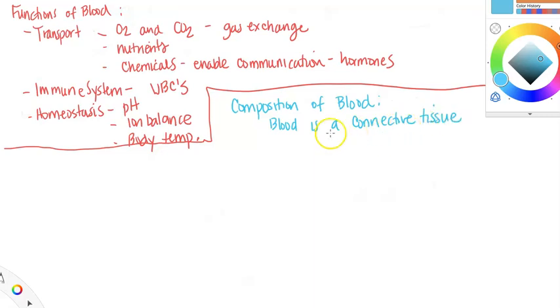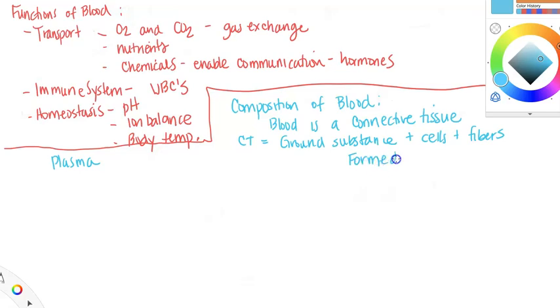It's a fluid connective tissue. Remember, a connective tissue is ground substance plus cells plus fibers. So blood is fluid, so it doesn't really have fibers, but it does have ground substance and cells. So it has plasma. That's the ground substance. And then the cells are called formed elements.